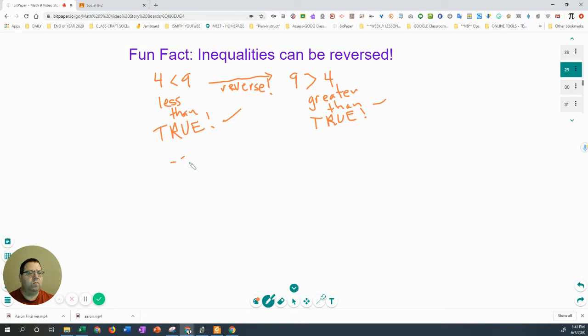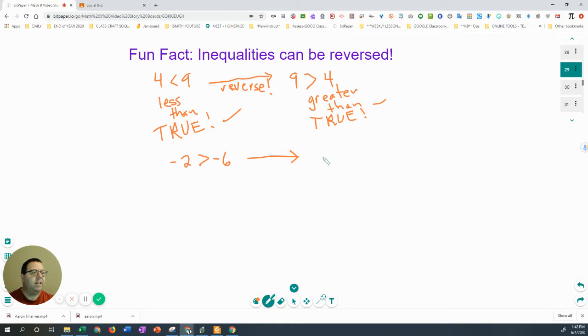-2 is greater than -6, right? -2 is warmer. -2 is closer to 0 than -6. So I kind of put that -6 a little bit far away. But you can reverse that.